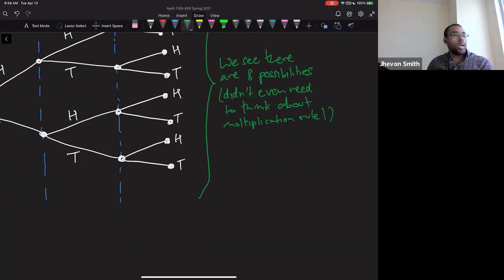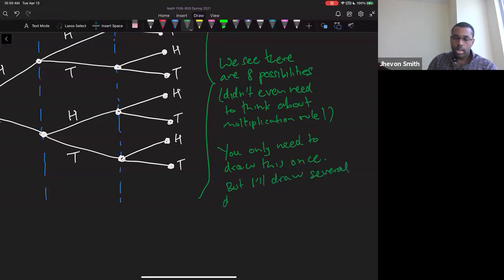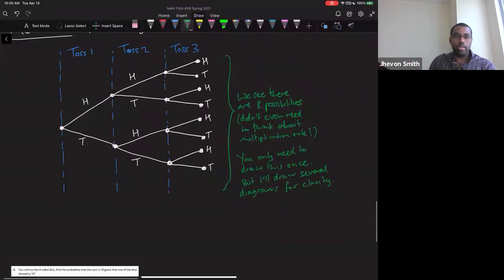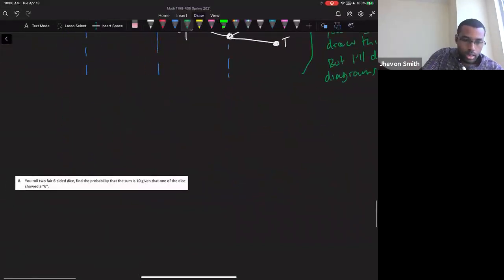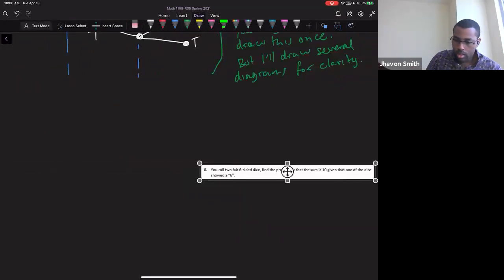I'll also mention here again, you'll need to draw this once. But I'll draw several diagrams for clarity. You only need to draw this once, and then after that, you're just counting the arms that you're interested in.